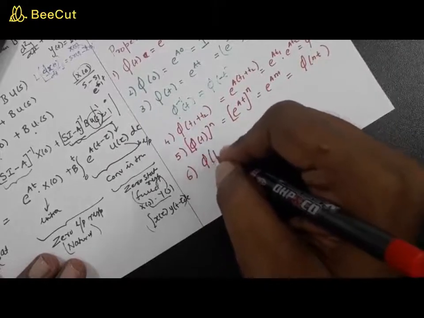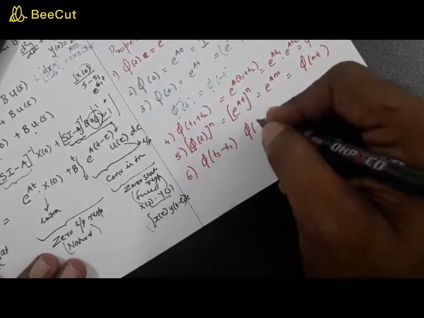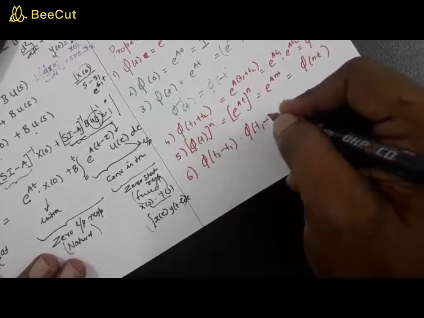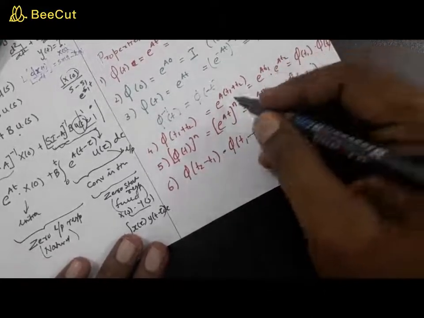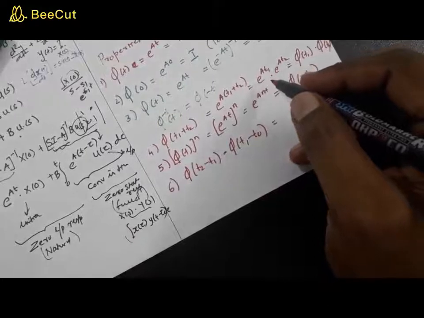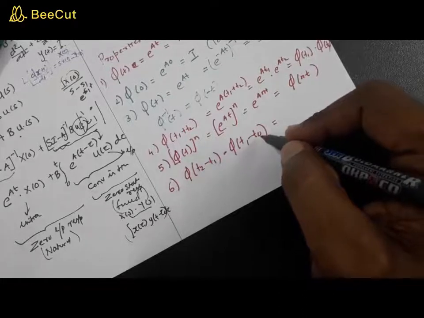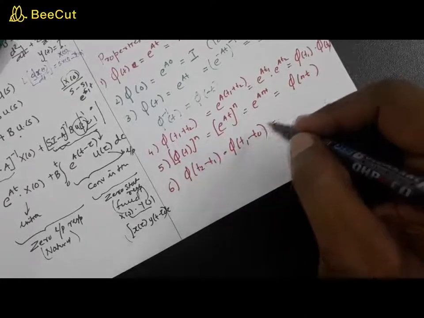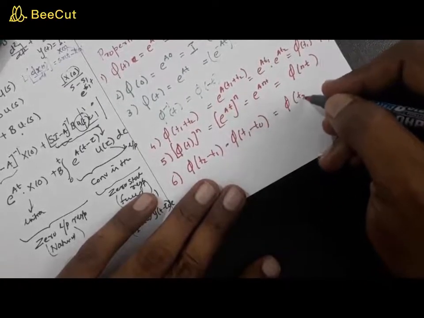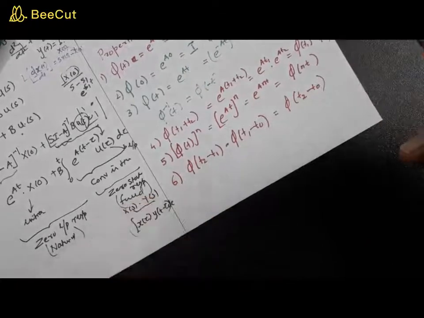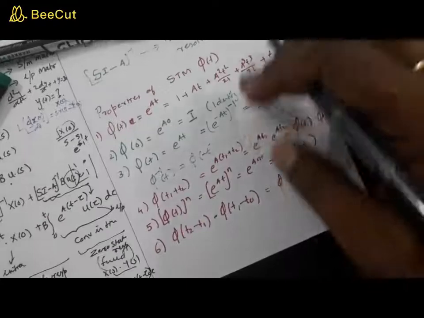Say you have phi of t2 minus t1 into phi of t1 minus t0. So you can make use of the exponential: this is e raised to t2 minus t1 into e raised to t1 minus t0, right? So when you sum it up, you can do it by yourself and you will be getting a result t2 minus t0. Okay, right? So making use of those exponential properties, you can arrive at the following properties.